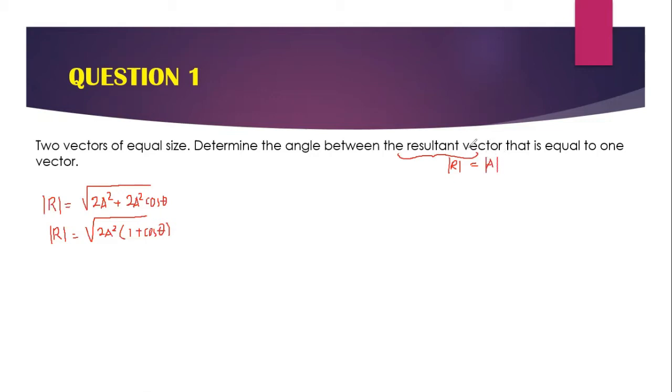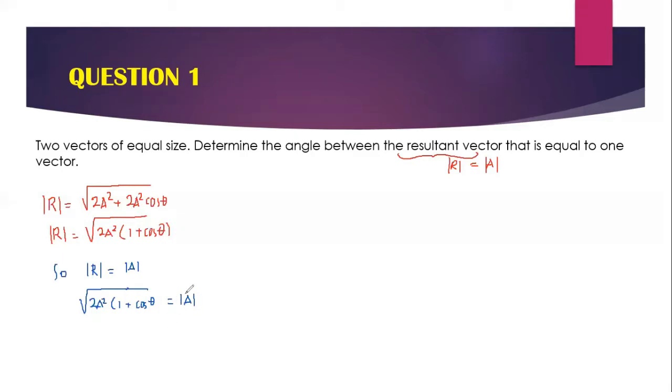So the magnitude of the resultant equals the magnitude of A. So the root of 2A squared, open the bracket, 1 plus cosine theta, equals the magnitude of A.